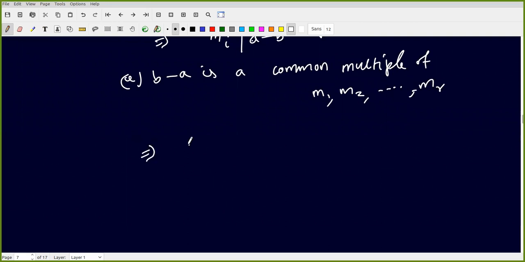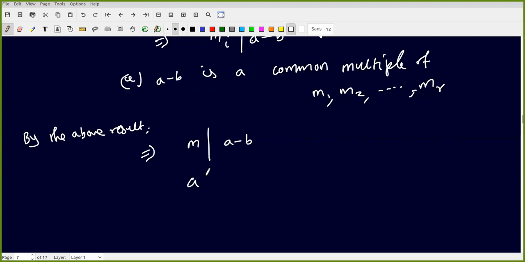Therefore M divides B minus A, by the above result. So again by the definition, A is congruent to B modulo M.